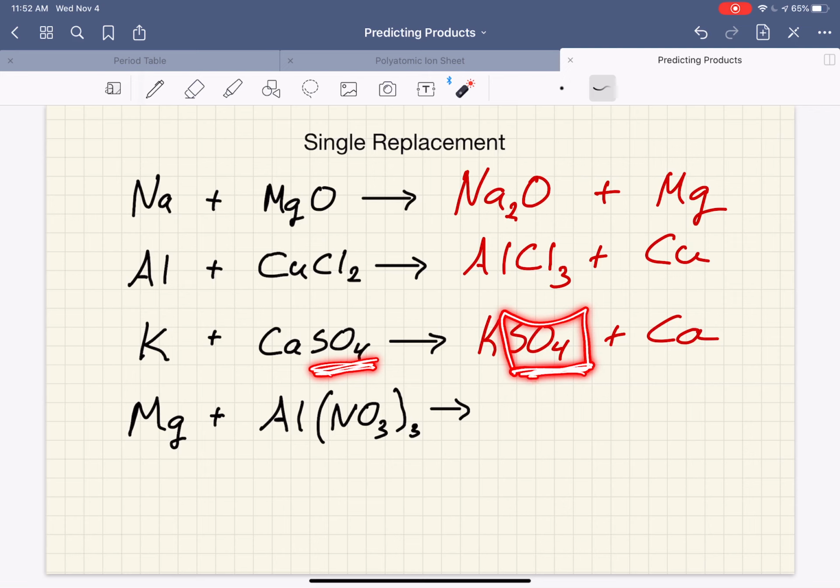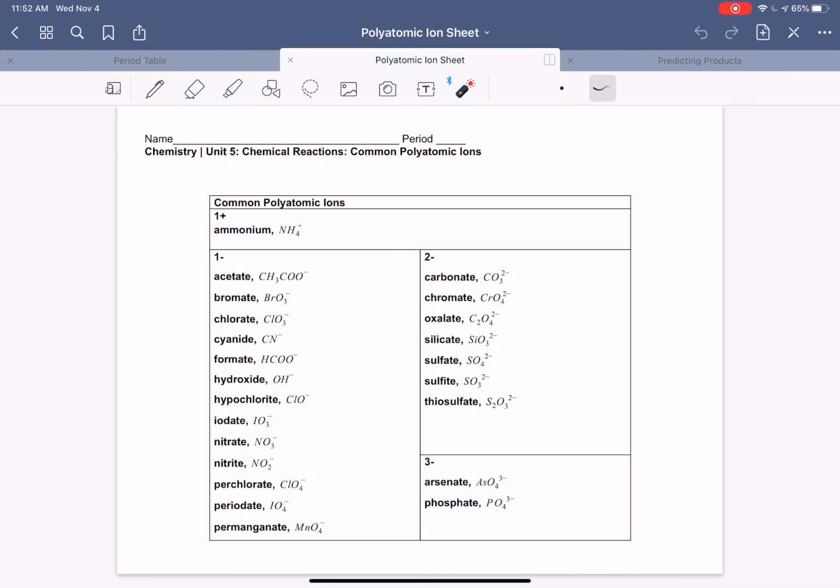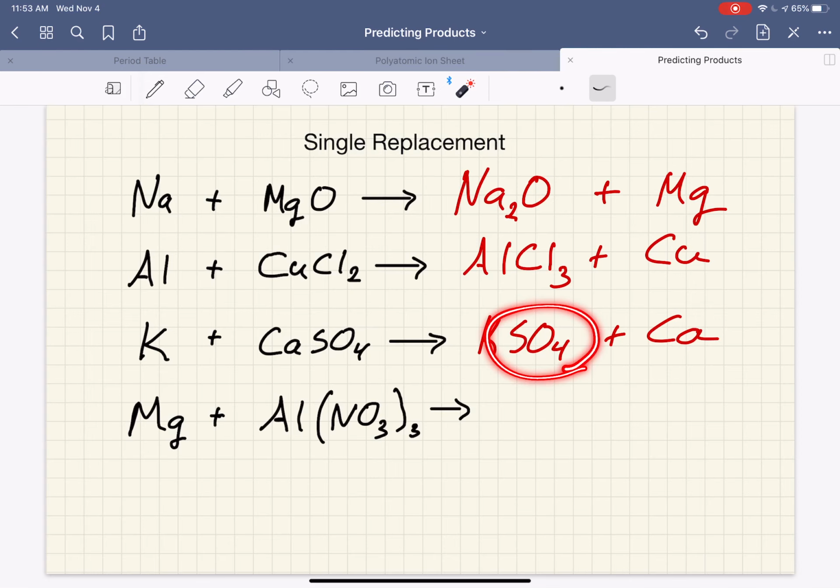It cannot be separated. The way that we can identify polyatomic ions easily is if we have oxygen in a chemical compound where there's more than 2 elements. So we have 1, 2, 3 elements, and we have this one with oxygen. That means that this is going to be a polyatomic ion. We're going to have to go to our polyatomic ion sheet to find it. There's the SO4. It has to stay as that package. The SO4 cannot change. So that's why this stays as the SO4 on this side.